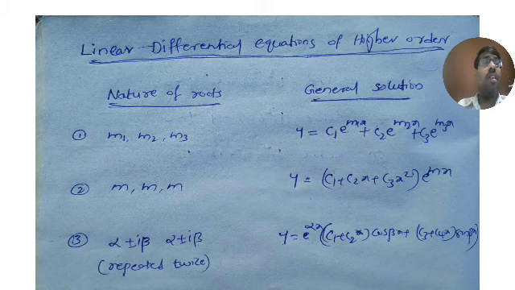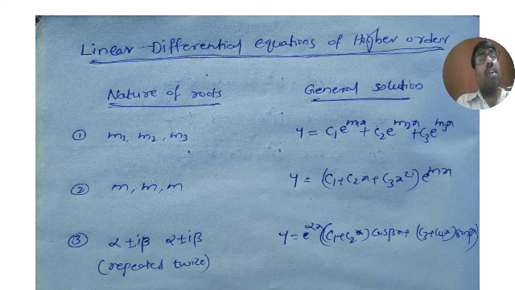So order is 3 means you will get 3 roots. If order is 4 means you will get 4 roots. If order is 5 means you will get 5 roots. So depending on the roots, how to write the general solution. If 3 roots, if 4 roots, if 5 roots, if the real and different roots, real and equal roots, and complex roots. In these cases, how to write the general solution I gave in this slide.